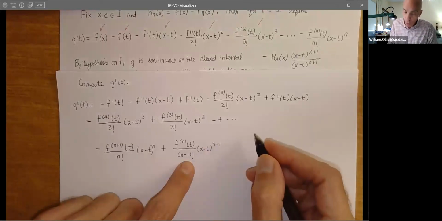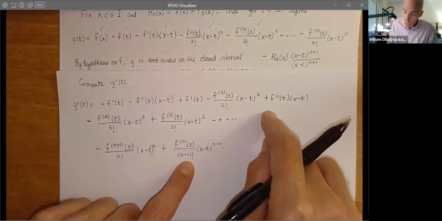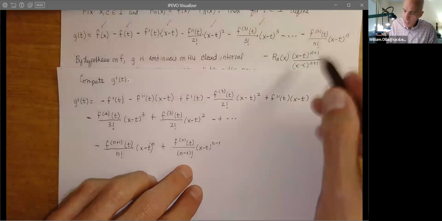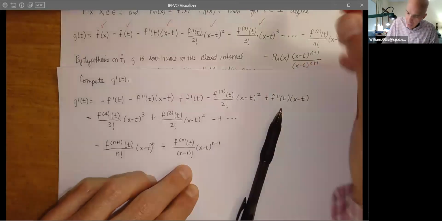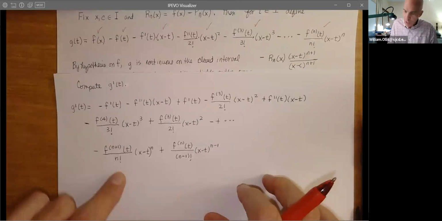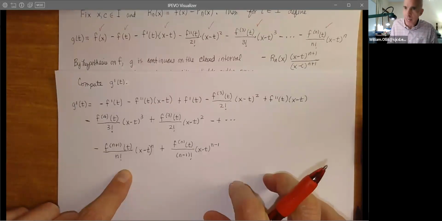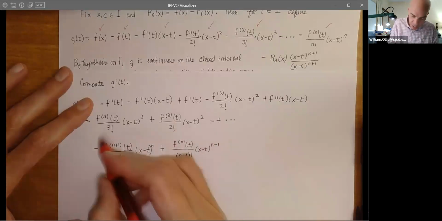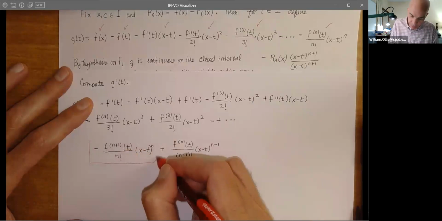Now this will absorb in the previous set of terms. And now we're going to see, okay, so what's left? So we can see now that this n plus first derivative will never have a counter. There's no other n plus first derivative that we're going to have in these calculations. So this term survives.